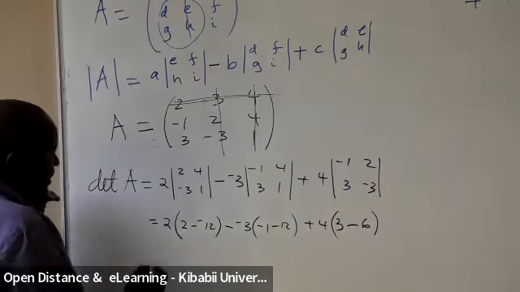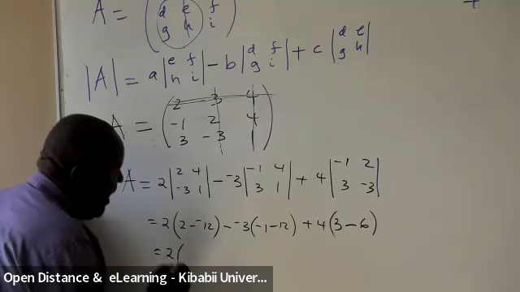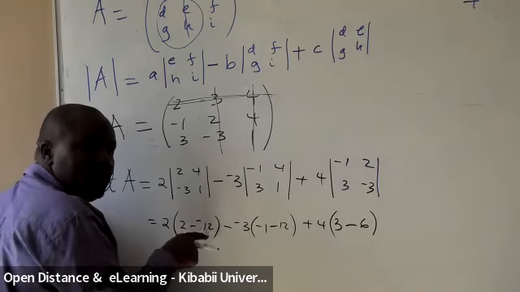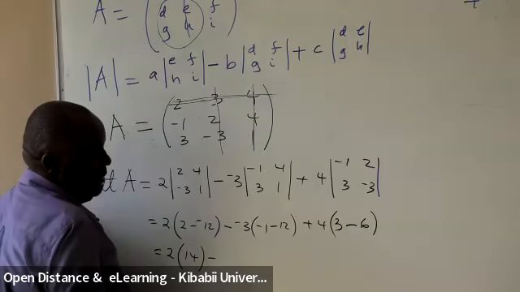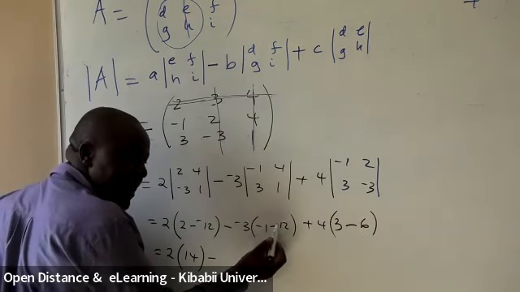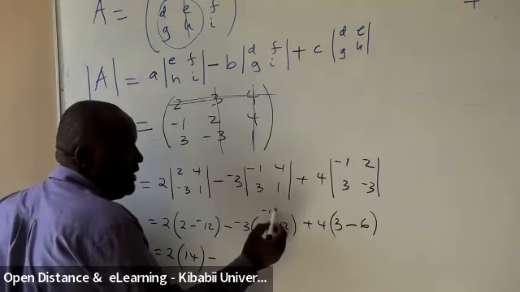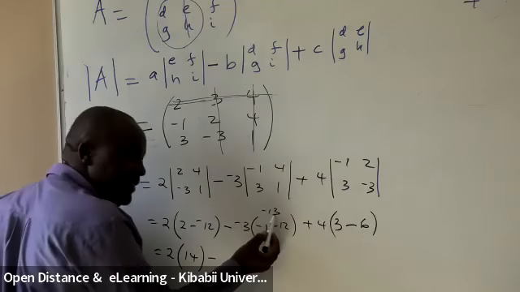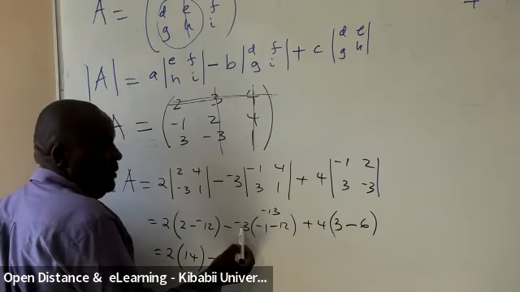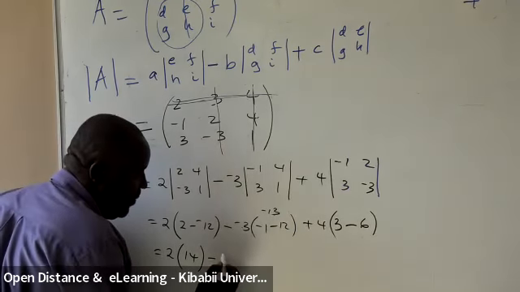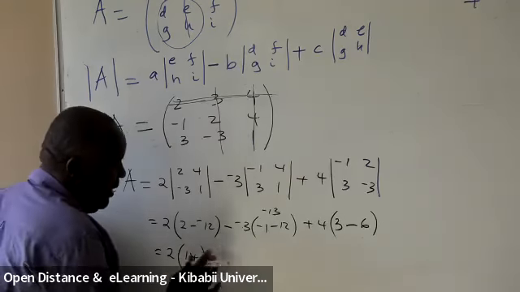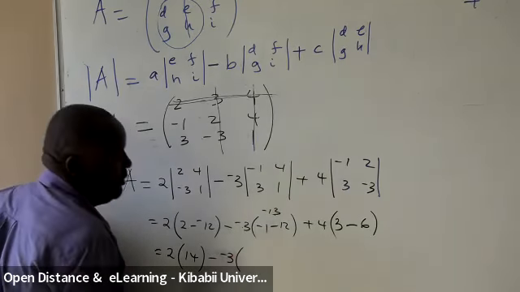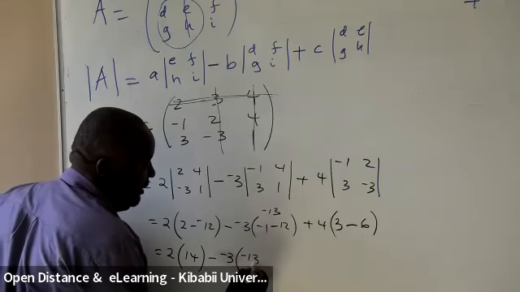So if we evaluate this, we have 2 by 2 minus 12, that's 14. Minus 1 minus 12, this gives us -13. -13 times -3, that gives you 39. This will be -3 times -13.